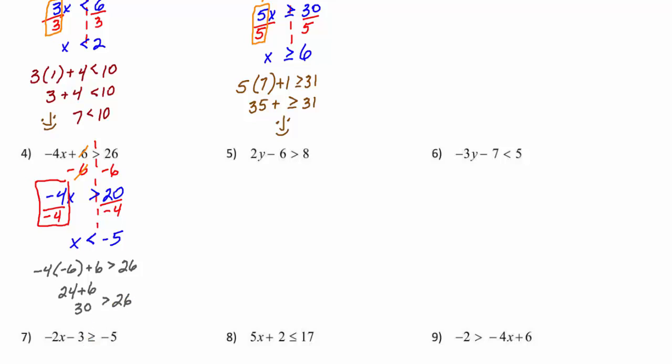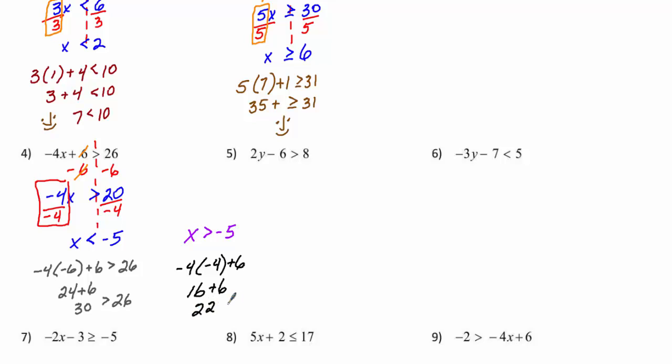Let's say that I had not reversed the sign. Let's say I kept the sign the way it was, and I said x is greater than negative 5. So let me pick a number bigger than negative 5, for example, negative 4. So I'd have negative 4 from my original problem times negative 4, that's my number that's greater than negative 5, plus 6. Negative 4 times negative 4 would be positive 16 plus 6.